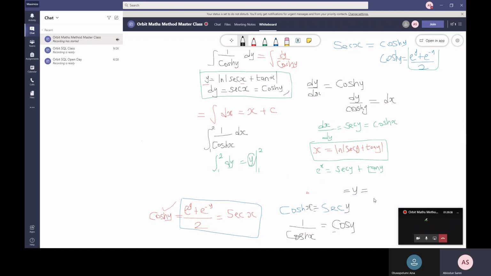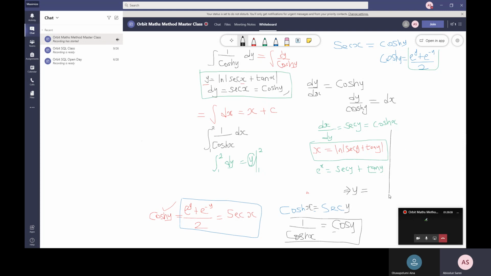arc sec. Can you find arc sec in your calculator? I don't think you can find that. So what you just need to do is, don't do arc sec. Just use this one. Take the inverse of both of them, so that you have 1 over cos x to be what? Cos y.